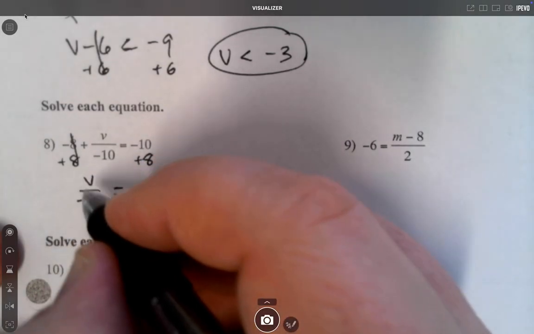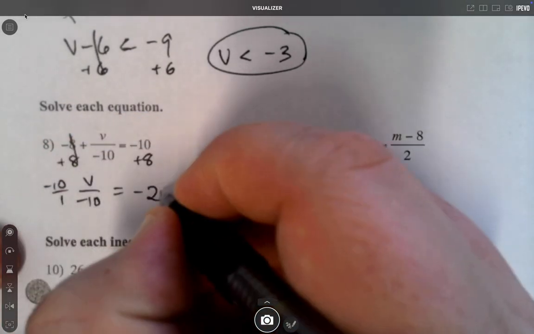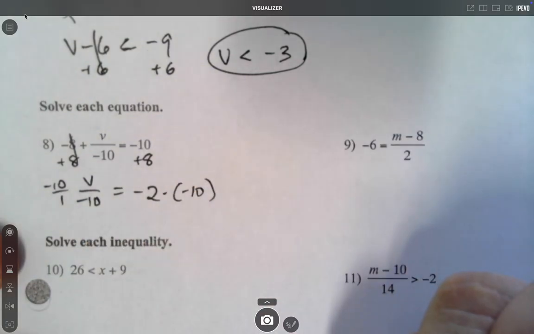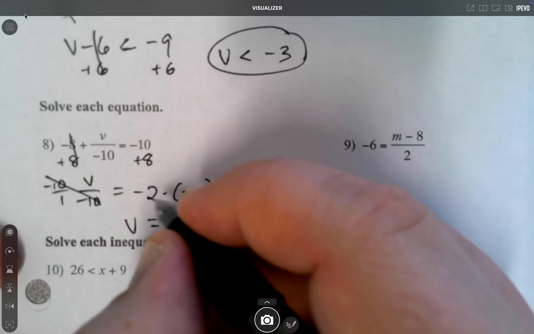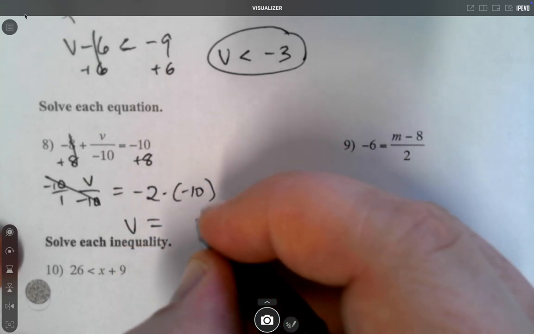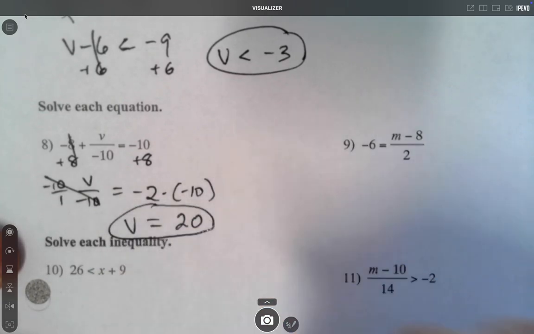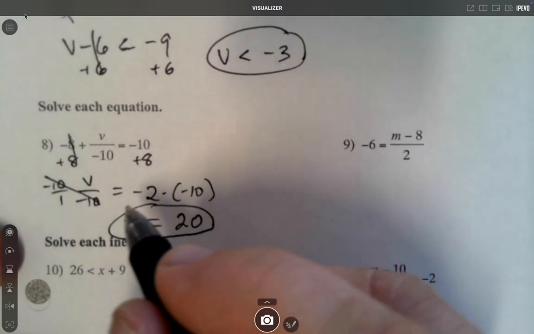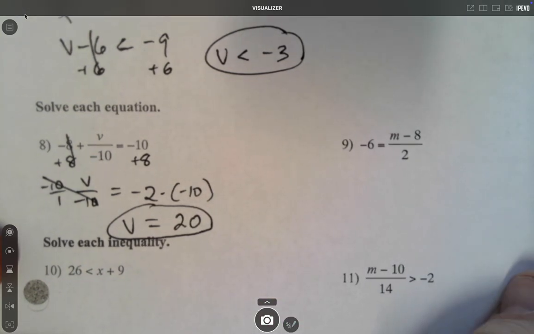Then since v is being divided by negative 10, we do the opposite and we multiply both sides by negative 10. So they cancel out on this side, and we get negative 2 times negative 10, excuse me, which is positive 20. Now this was not an inequality, but if it had been, that would have been a time we'd have to flip the inequality sign because we multiplied by a negative number.